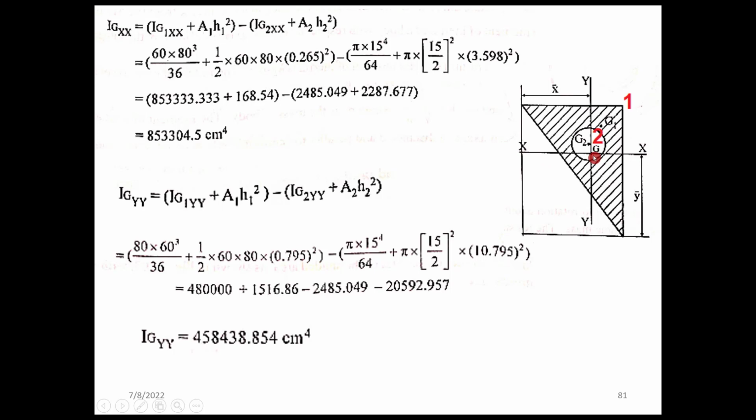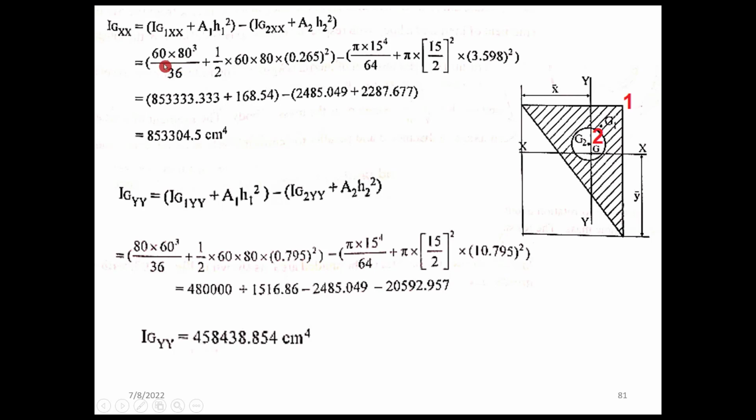So we are deducting h as the difference between G and G1, which is equal to 0.265 minus pi.